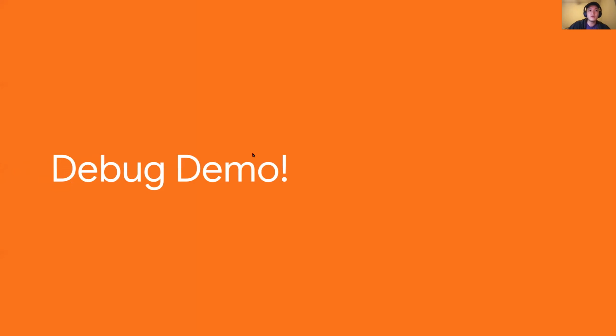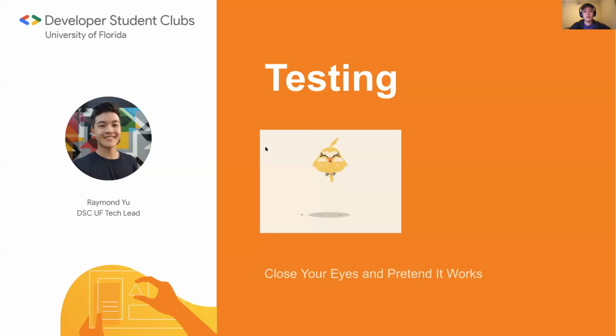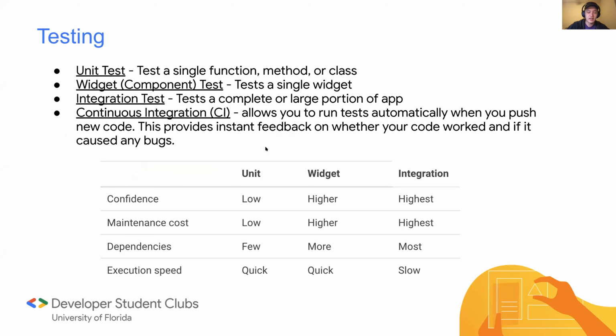Now that I've done a debugging demo, I'll explain more about testing. Testing is not a very glamorous part of development, and some people often skip it because it's more fun to implement new features and all the cool, flashy functionality.